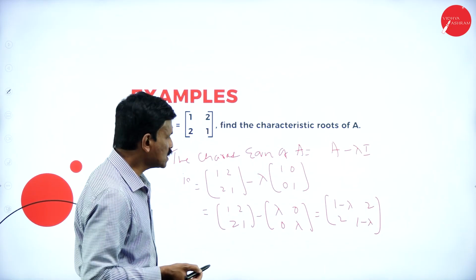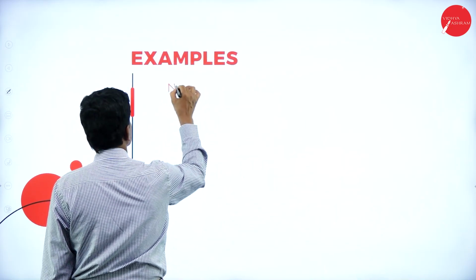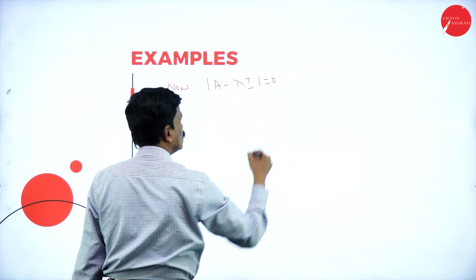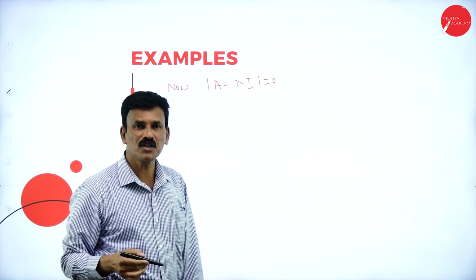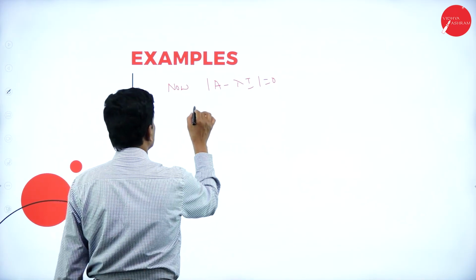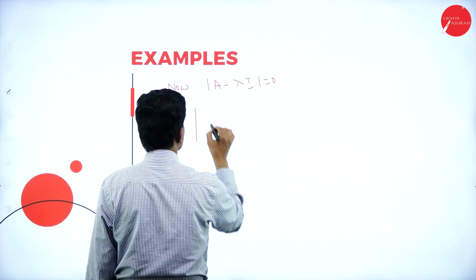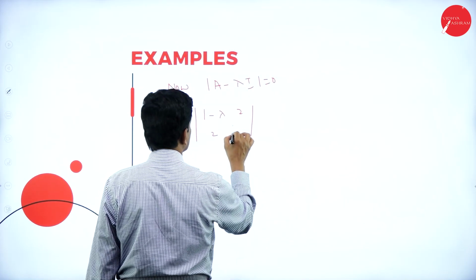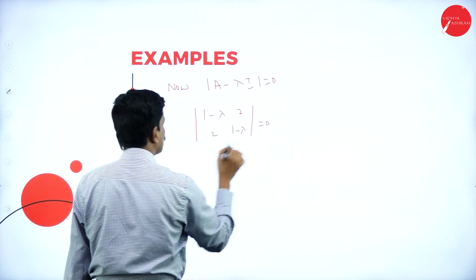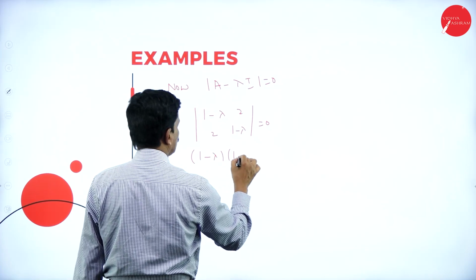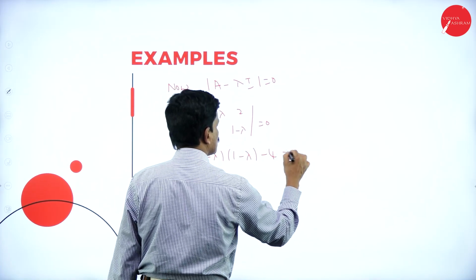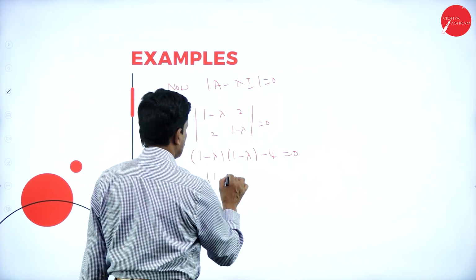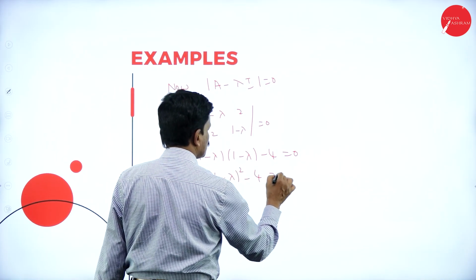Now, the characteristic equation is determinant of A minus lambda I equal to 0, that is, determinant of [1 minus lambda, 2; 2, 1 minus lambda] equal to 0. Cross multiplying: 1 minus lambda into 1 minus lambda, minus 2 twos are 4. Simplify: (1 minus lambda) whole square minus 4 is equal to 0.